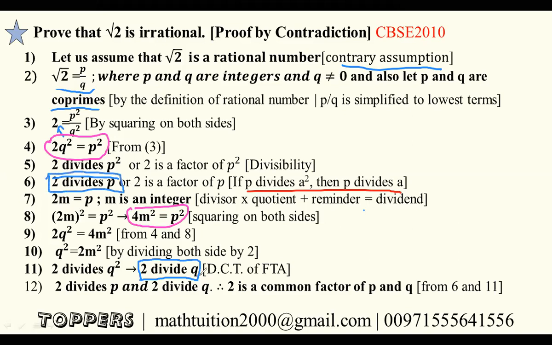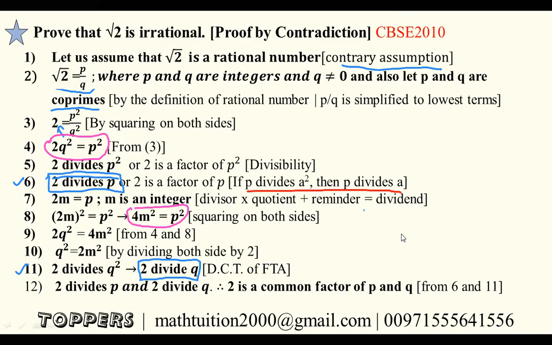That is, 2 divides P and 2 divides Q. Therefore, 2 is a common factor of P and Q, from statement 6 and statement 11. Correct? 2 divides P and 2 divides Q means 2 is a common factor of P and Q.